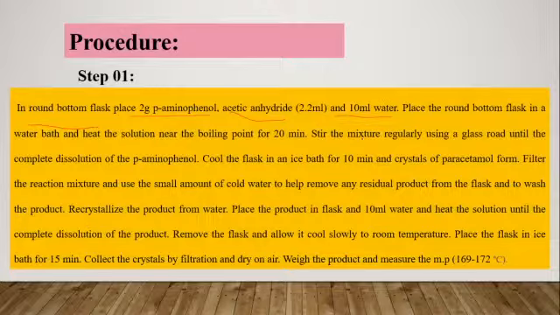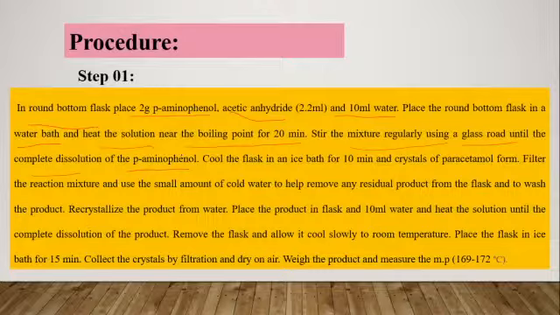We place the round bottom flask in a water bath and heat the solution near to boiling point for 20 minutes. After heating, we stir the mixture regularly using a glass rod until complete dissolution of para-aminophenol takes place.